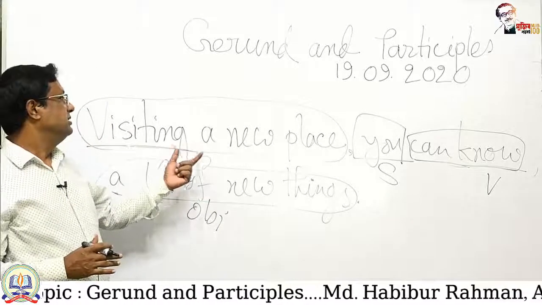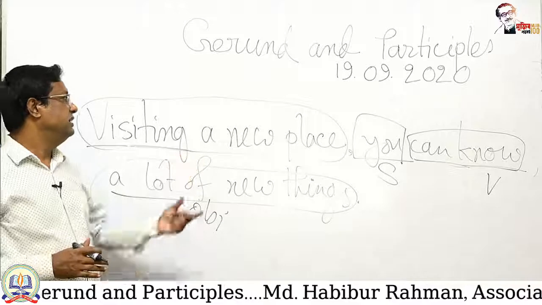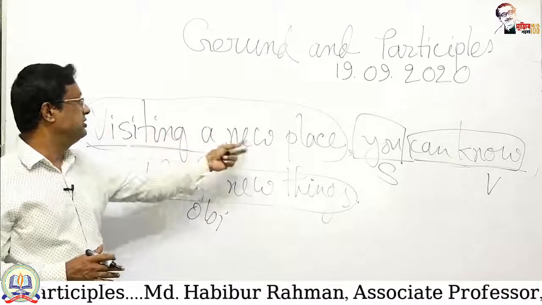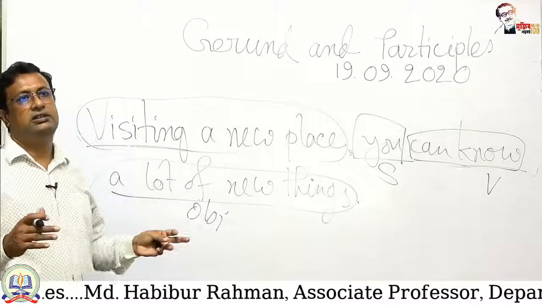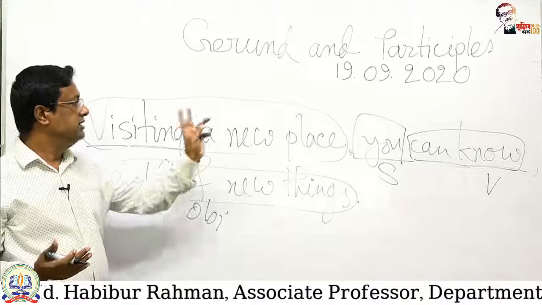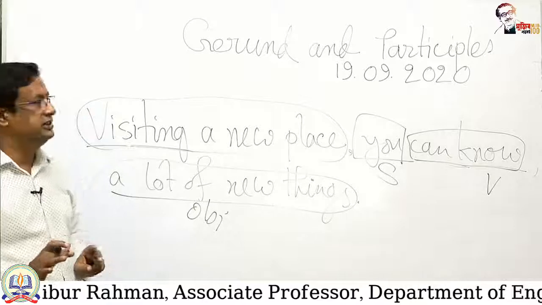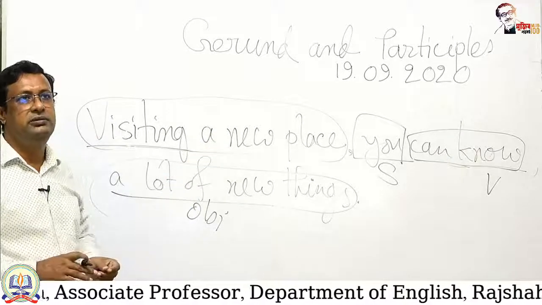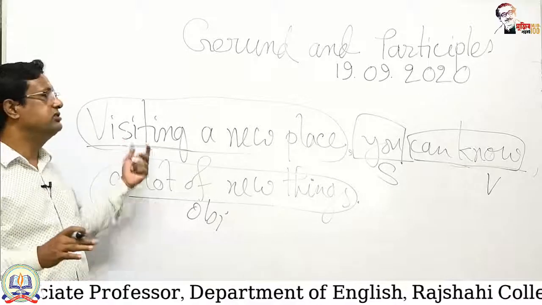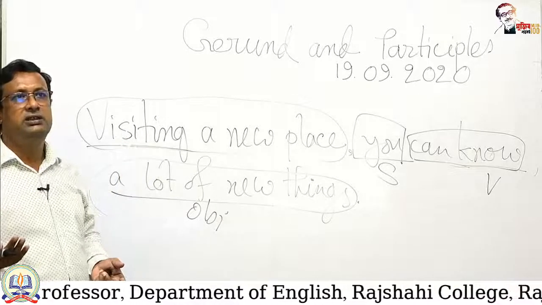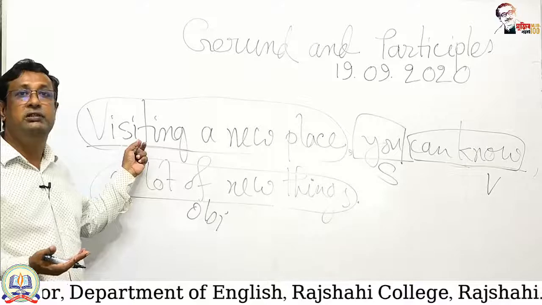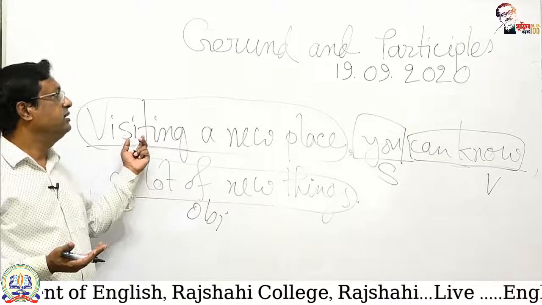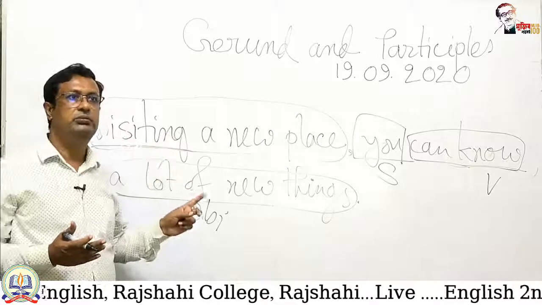So the impression is that this portion of the sentence does not modify the main portion of the sentence, where we have subject, verb and object. So "visiting" is not modifying any other word. That is why this is not a modifier. This is neither a pre-modifier nor a post-modifier.